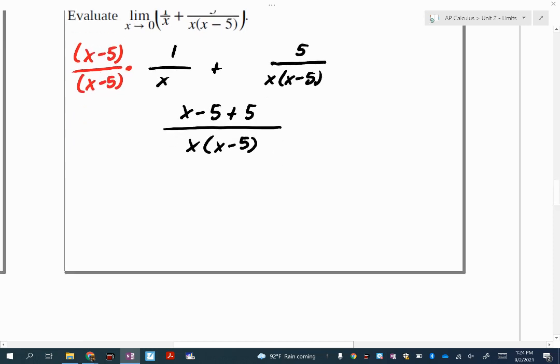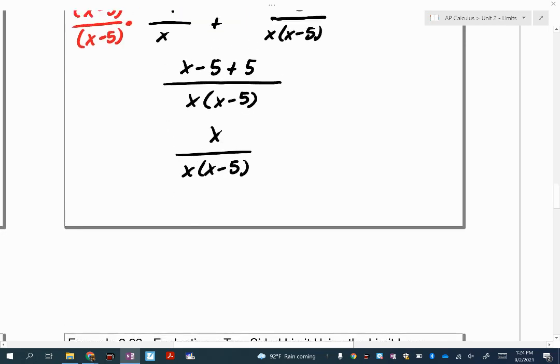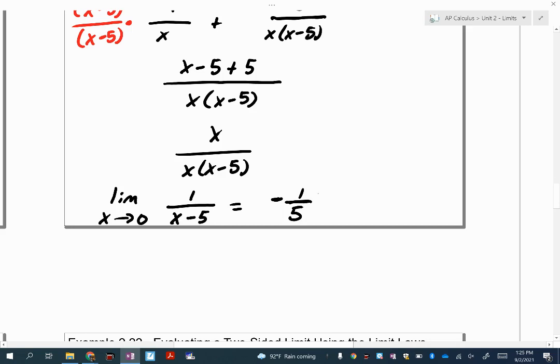Negative 5 plus 5 is 0, so that's x over x times x minus 5. You'll see the x's cross out. So that means the limit as x approaches 0 of 1 over x minus 5. Now I can plug in 0, and that's going to be 1 over negative 5, which is negative 1/5.